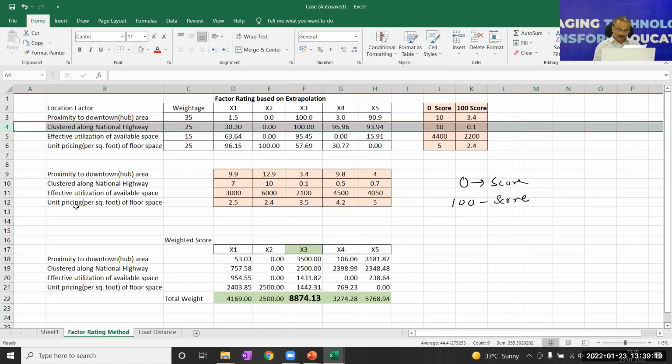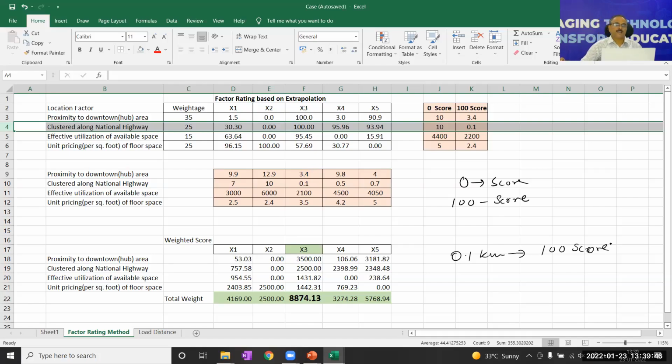In that, which is the lowest distance? It is 0.1 kilometer. So if you are looking at how these locations are clustered along the national highway, we can say that 0.1 kilometer will receive a score of 100.